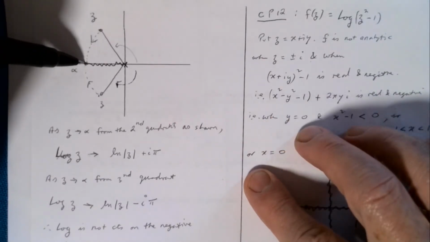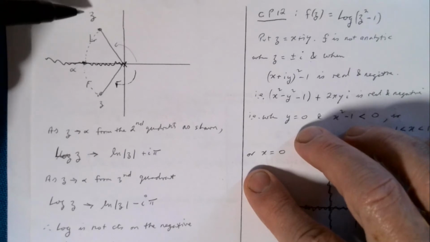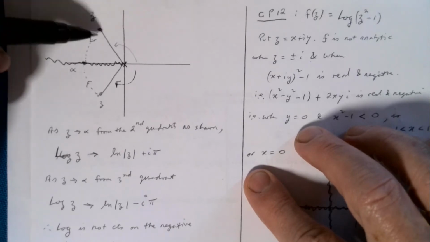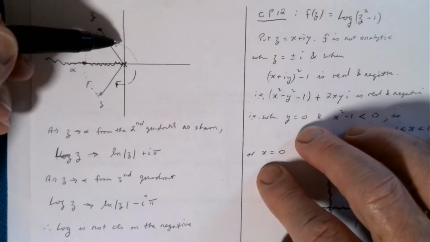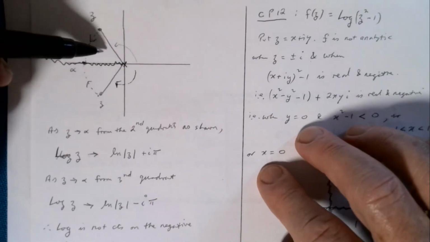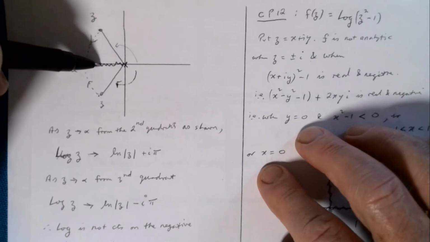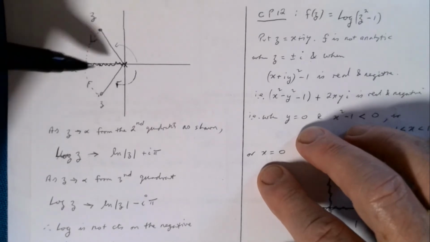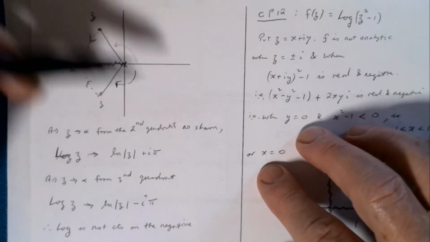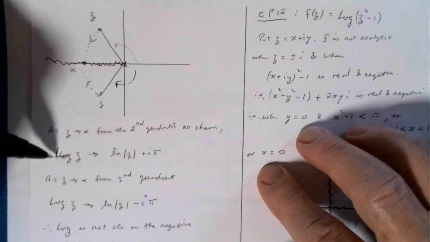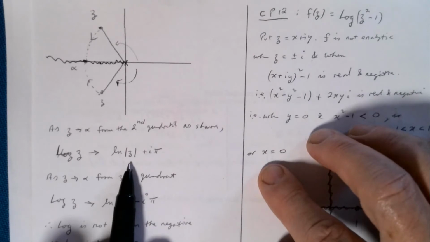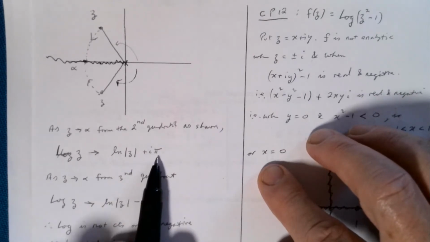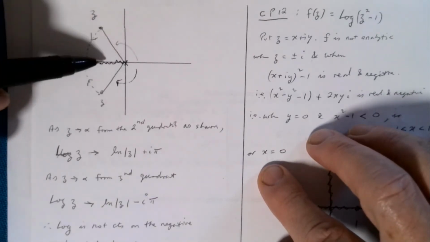And I'm going to see what happens to the logarithm of z as my z moves down to here. Well, as it moves down to there, the principal argument is going to get closer and closer to pi. And so as z goes to alpha from the second quadrant, as in my picture here, then the log of z is going to go to the log of the modulus of z plus i times the argument, which is going closer and closer to pi.